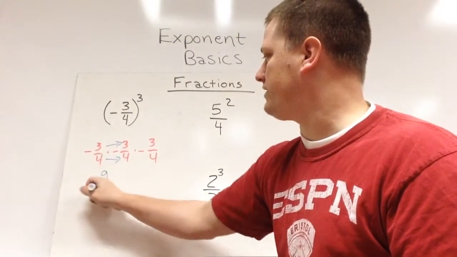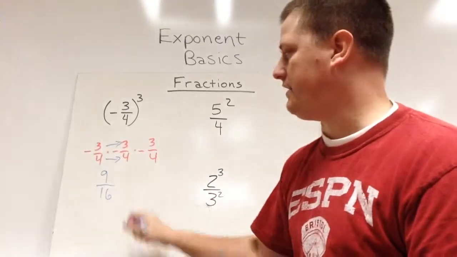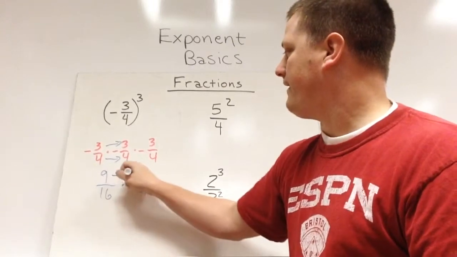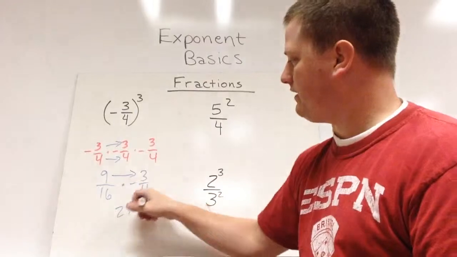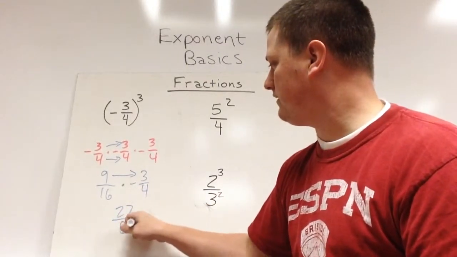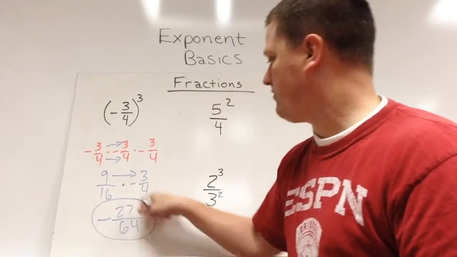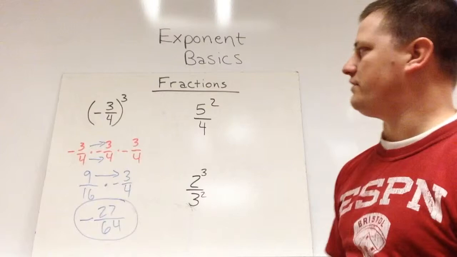Bottom times bottom, which gives us 16. Negative times negative is positive. And we're going to multiply by negative 3/4. 9 times 3 is 27. 16 times 4 is 64. Positive times negative is negative. Reduce if possible.